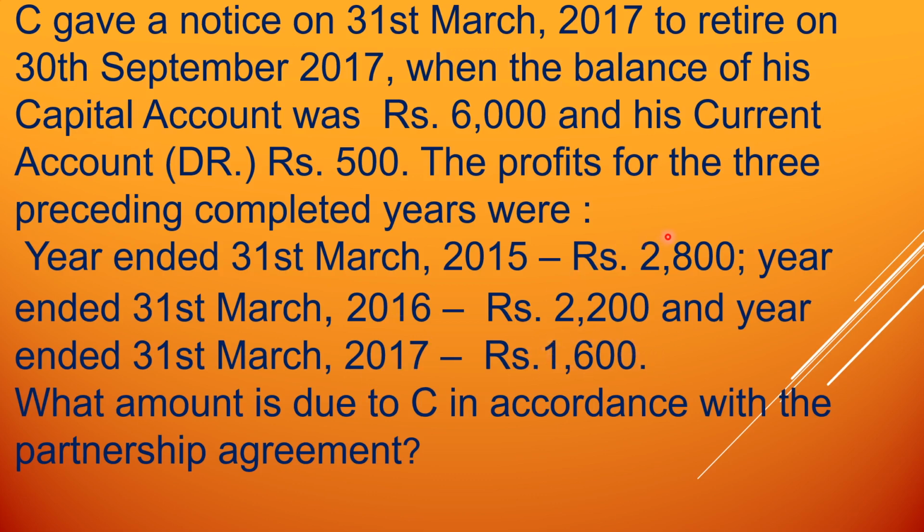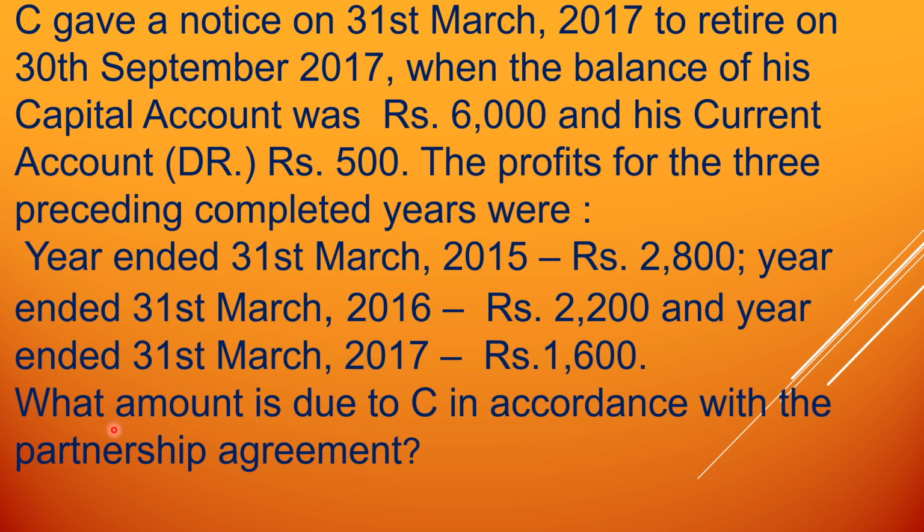So this is the 3-year profit before the retirement. Each and every year's profit is provided, so we can calculate the average profit: first year plus second year plus third year divided by 3. From the average profit, we can calculate the retiring partner's share as well as the value of goodwill.